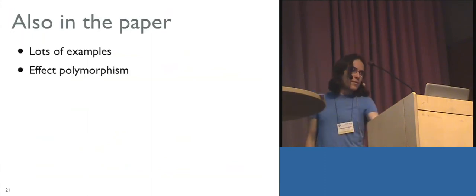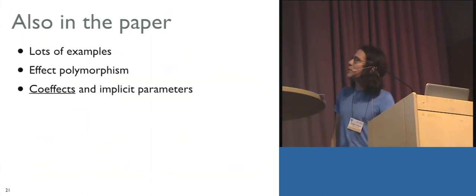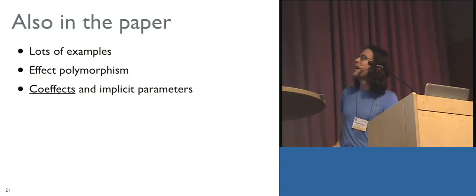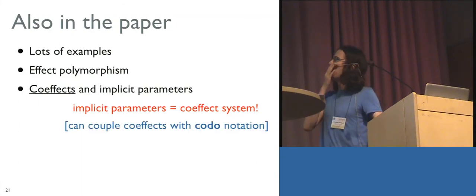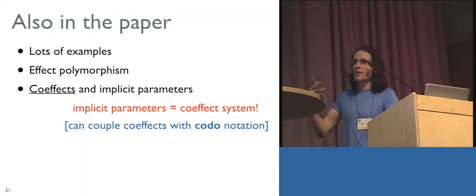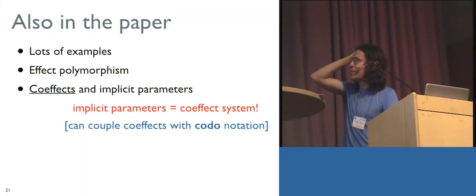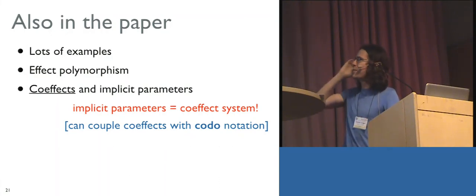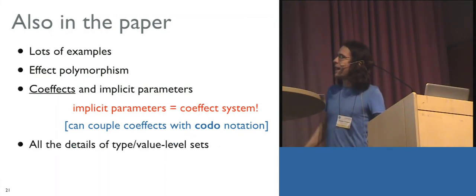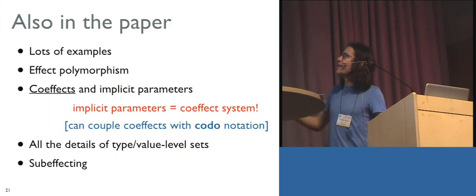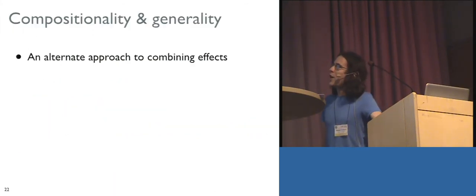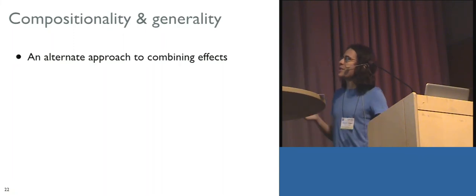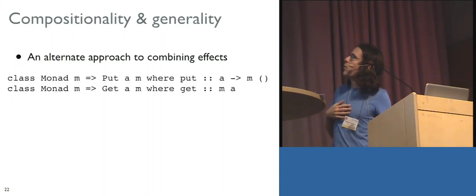So the paper has lots of examples, also talks about effect polymorphism, also talks about coeffects, and how implicit parameters in Haskell are actually a coeffect system, and you could do a similar thing to embed coeffect systems in Haskell, well, a certain kind of coeffect system, using the Codo notation. You can find all the details. Sub-effecting is mentioned too. Just a quick word, there are other ways to get effects-style systems in Haskell.